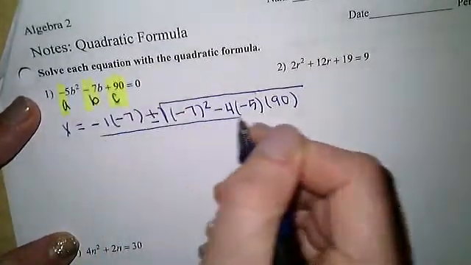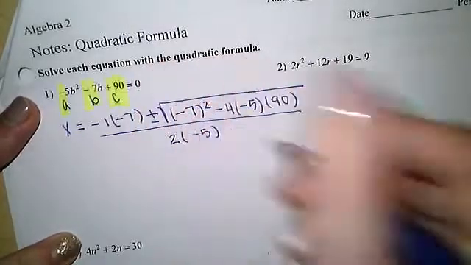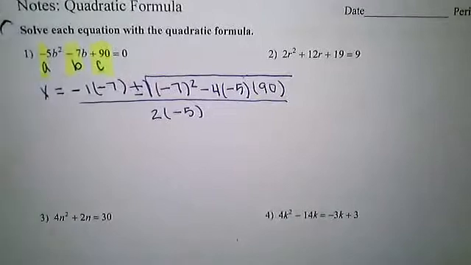And it's all over 2 times a, which you can do that step in your head if you prefer. So this is kind of how we plug in those pieces into our equation. Sometimes you'll need a little extra paper for these, depending how big you write and how you do your problem.